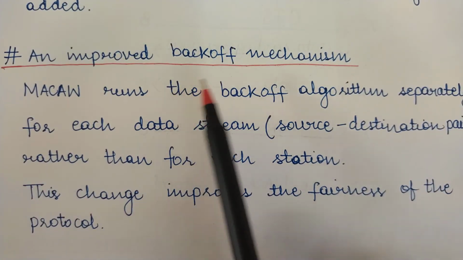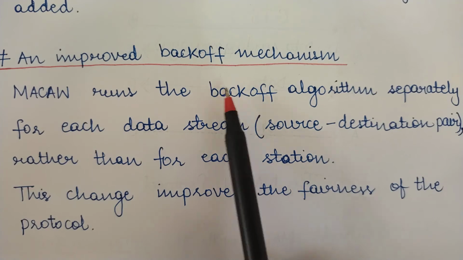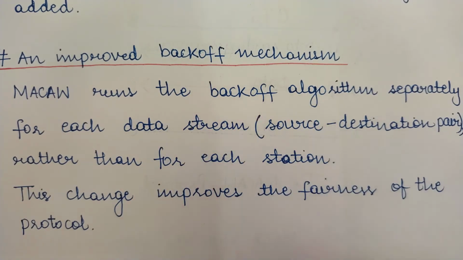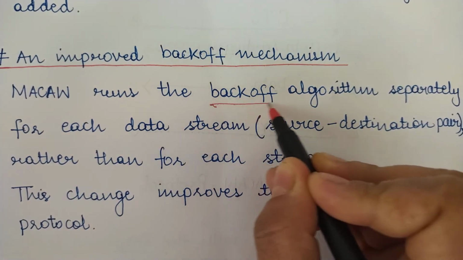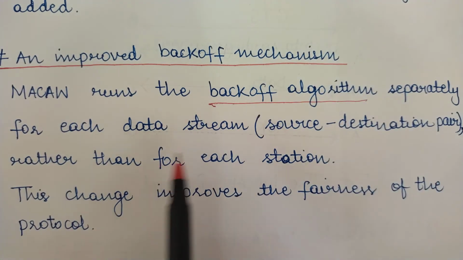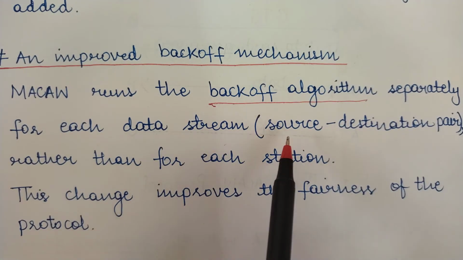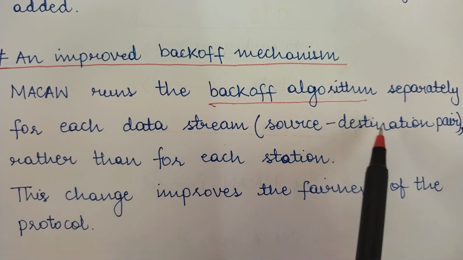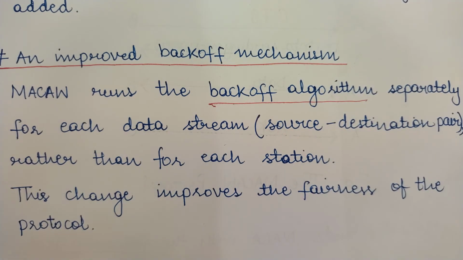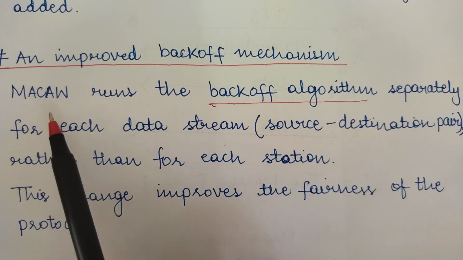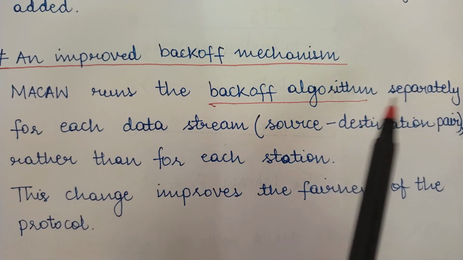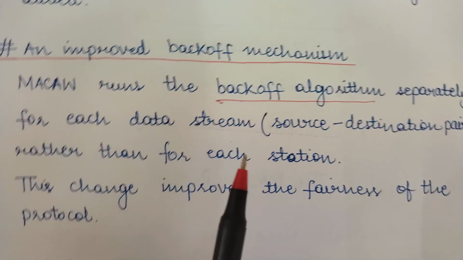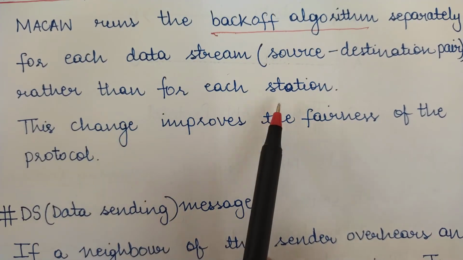The third point is an improved back-off algorithm. MACAW runs the back-off algorithm separately for each data stream. What is the data stream? It is the source destination pair. Every source and destination pair is known as a data stream. So basically MACAW runs the back-off algorithm separately for each data stream rather than for each station.